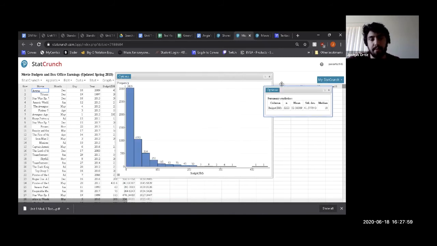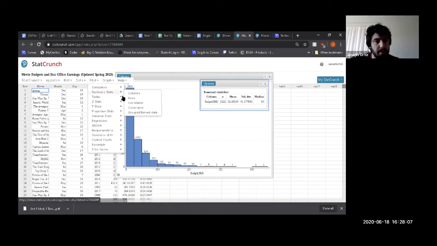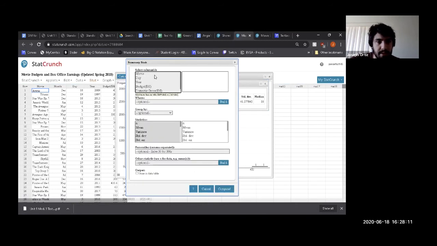How do you choose more than one thing? For me, it only lets me click one at a time. Okay, so we'll do that again. Columns. Budgets. If you want to select everything, you pick the top one, go all the way to the end, and hold shift. But we usually don't want everything. So I click the first one and then control-click the rest.